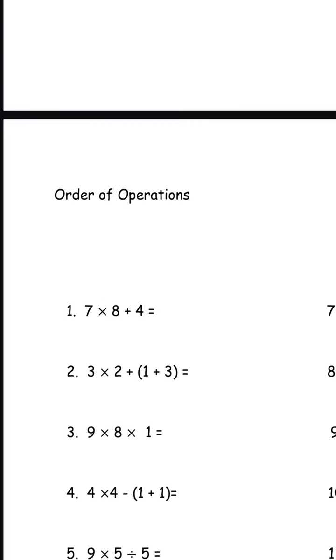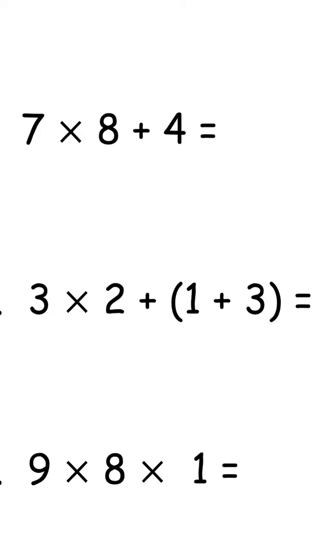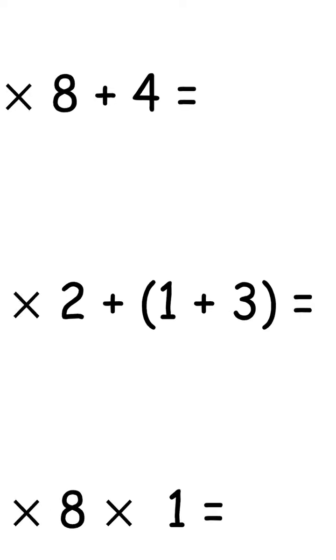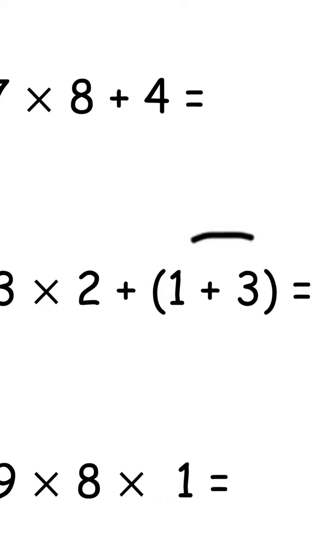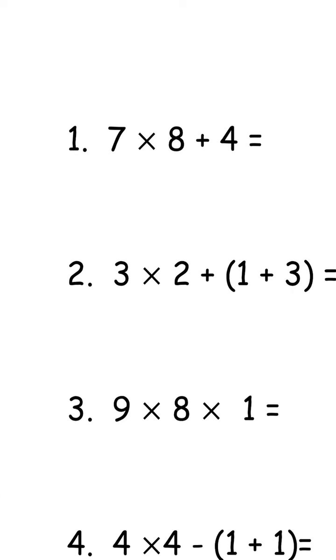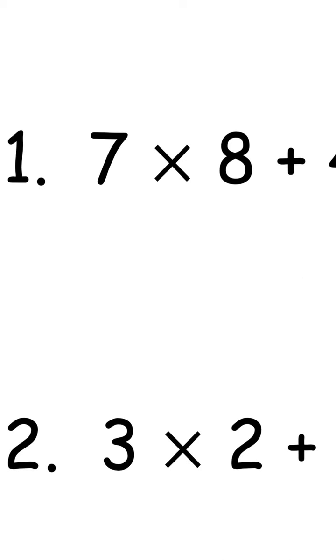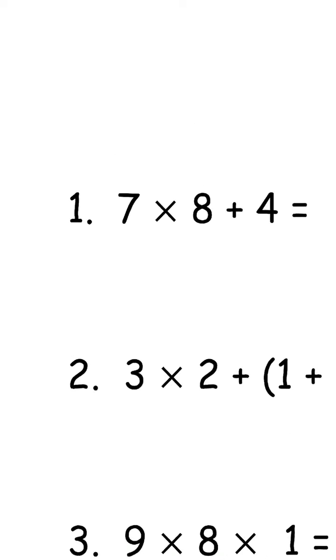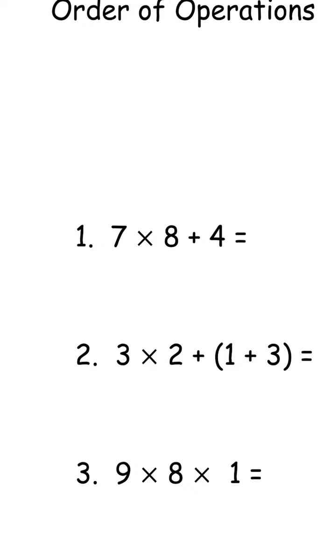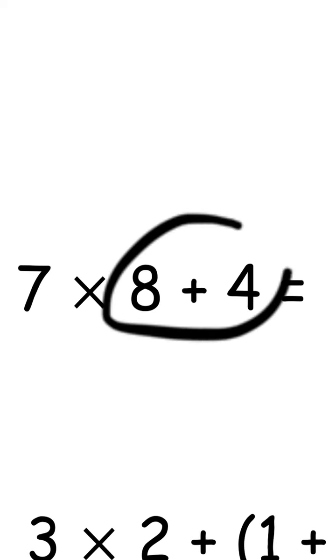So if there's parentheses, then we need to first add the numbers or subtract or whatever equations that's inside the parentheses. We need to first solve that. After, we need to do multiplication or division, and then we need to look at the numbers that are adding or subtracting.